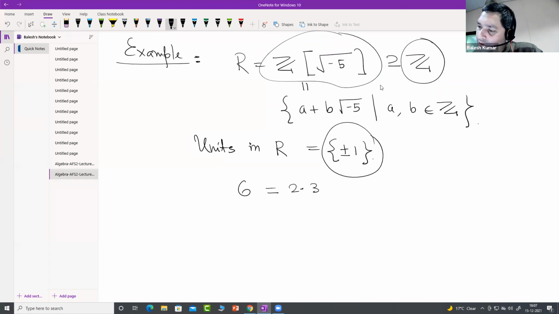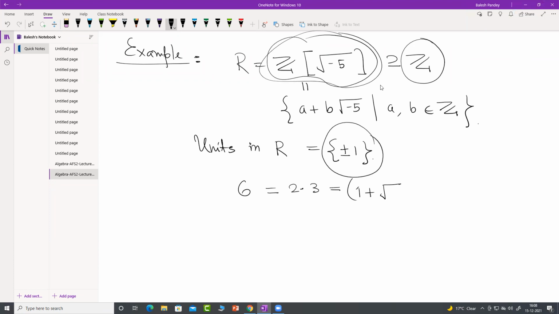But 6 can also be factored in one more way inside this ring R, and that is easy to guess: 1 plus square root of -5 times 1 minus square root of -5.